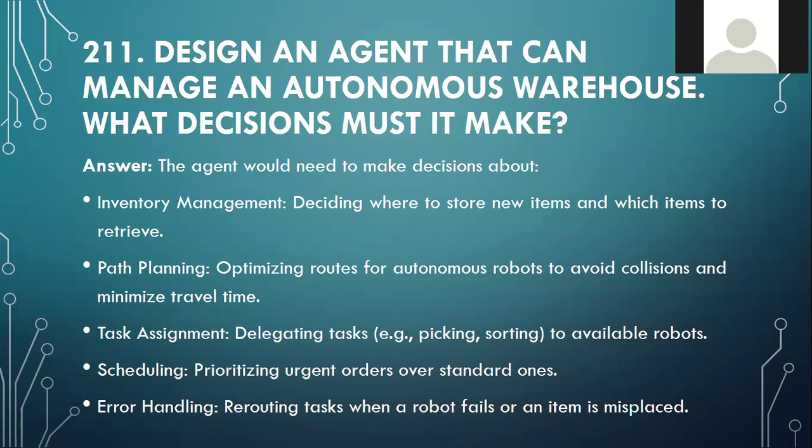The agent would need to make decisions about inventory management, deciding where to store new items and which item to retrieve; path planning, optimizing routes for autonomous robots to avoid collision and minimize travel time; task assignment, delegating tasks, for example picking and sorting, to available robots; scheduling, prioritizing urgent orders over standard ones; and error handling, rerouting tasks when a robot fails or an item is misplaced.